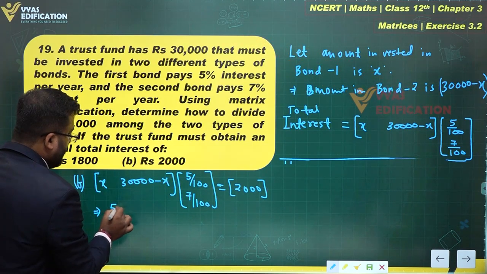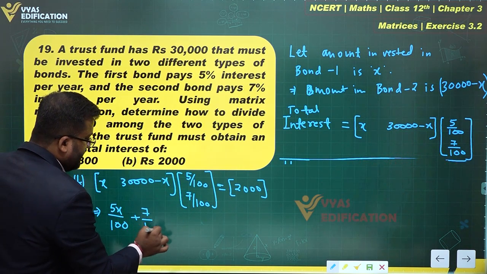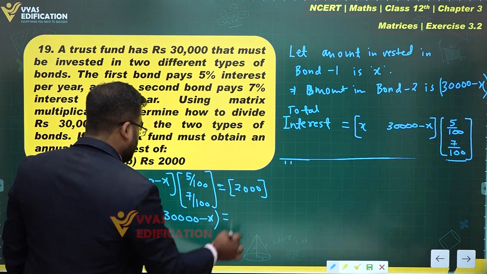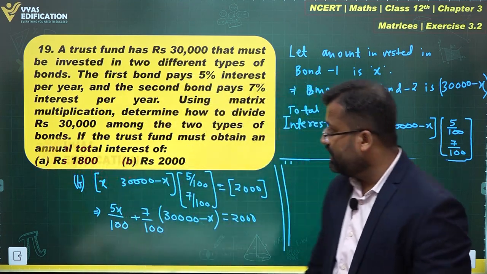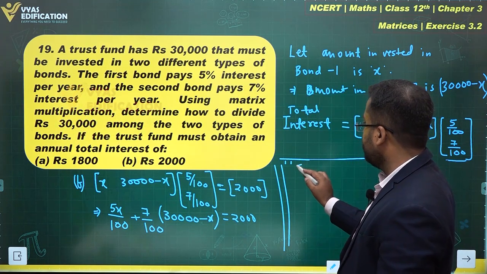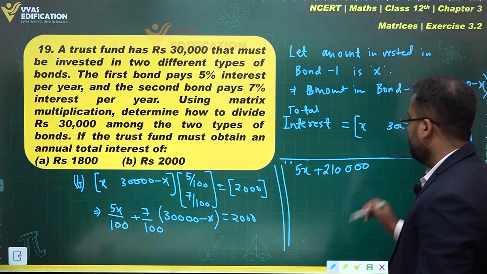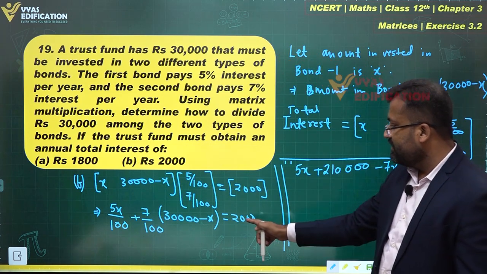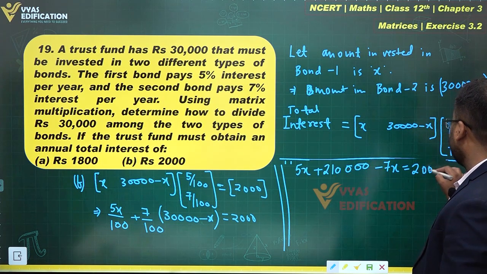This is 5x over 100 plus 7 by 100 times 30,000 minus x, which is equal to 2,000. Let's solve this equation further. Let's bring this 100 to the right hand side, and what you get is 5x plus 2,10,000 minus 7x is equal to 2,00,000.